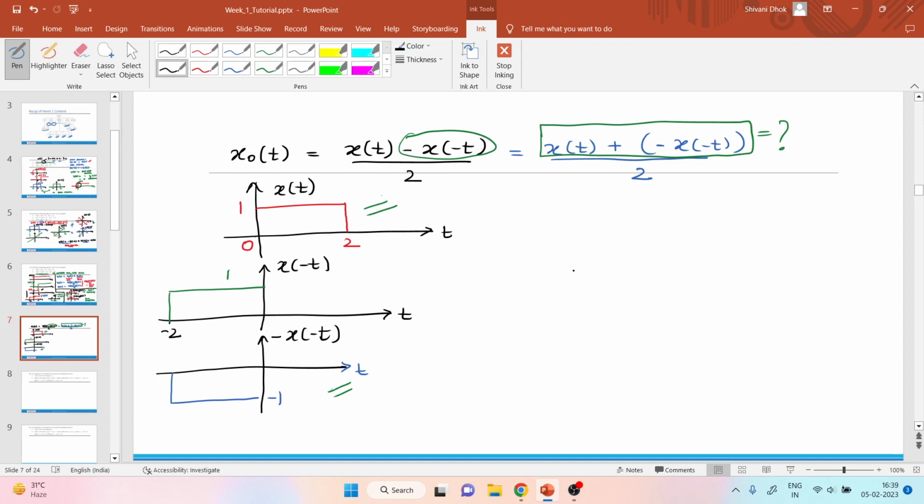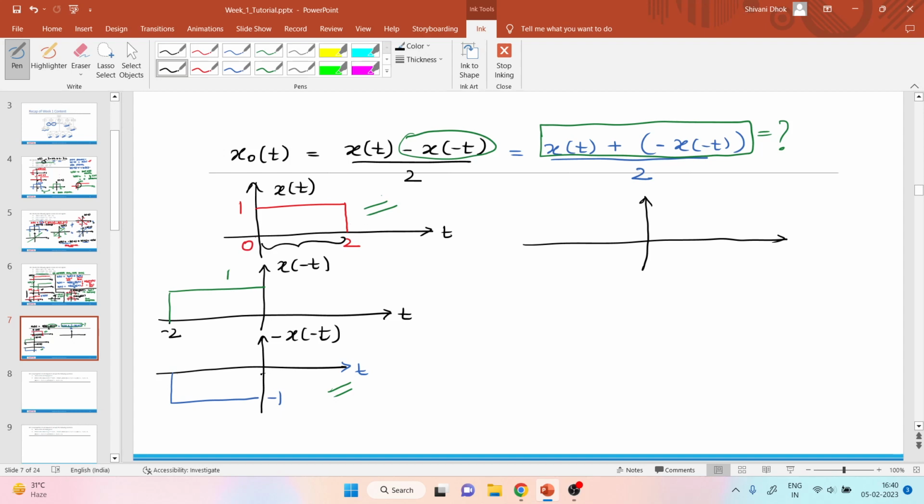So if we do that, we need to add component by component, like for every value of t there will be an addition. If we look at this x of t signal, we can see that it is 0 from minus 2 to 0, so we don't have to care about that part, but it is non-zero from 0 to 2, so we need to check this range.